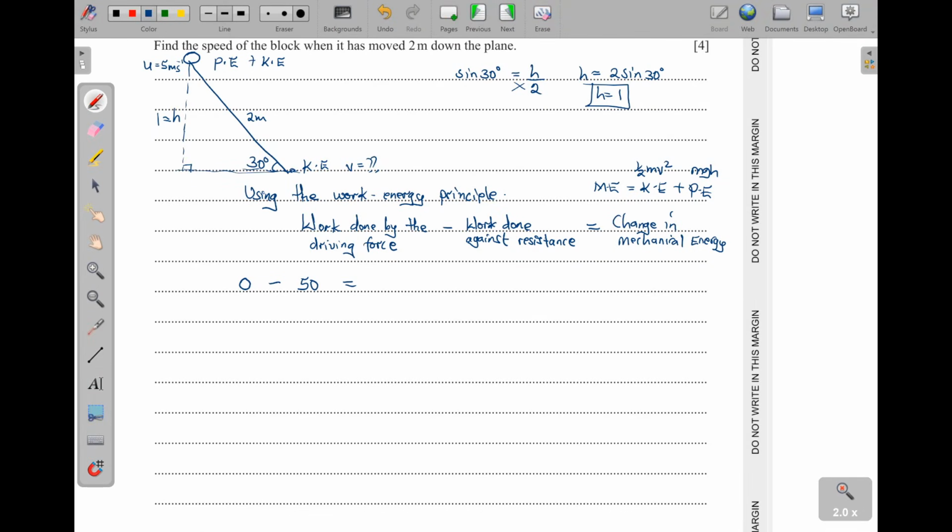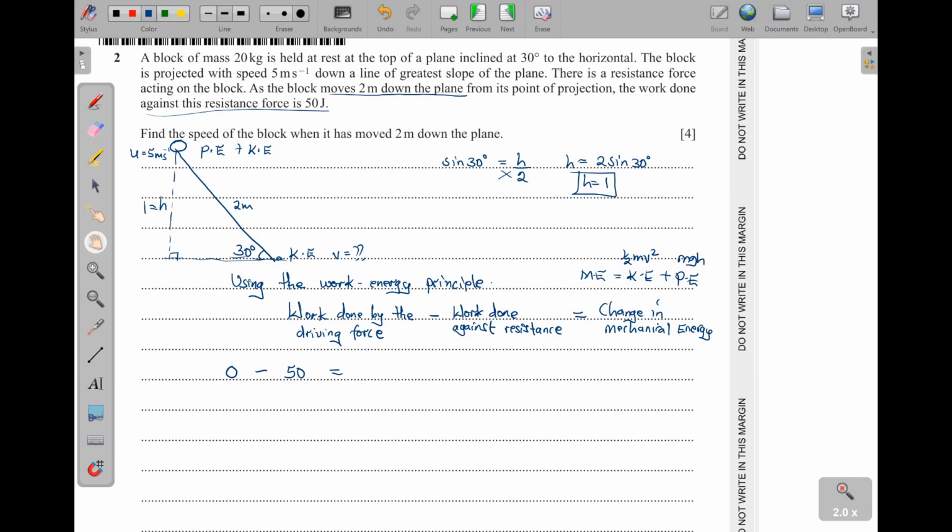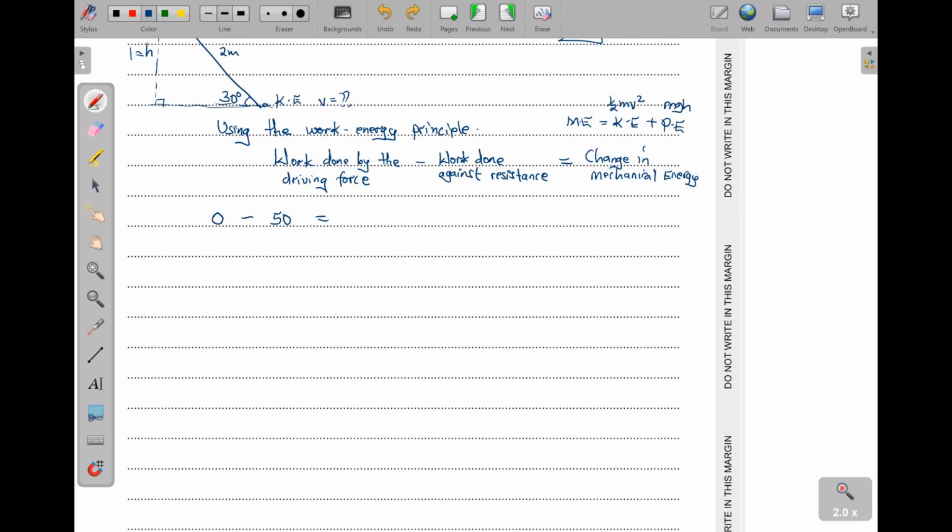And then I come to this other side. Change in mechanical energy, I get final mechanical energy. So final is here when we have only kinetic energy. Then initial is here where it is starting from. So I will have the final kinetic energy is going to be a half m, m is 20, and then v squared.